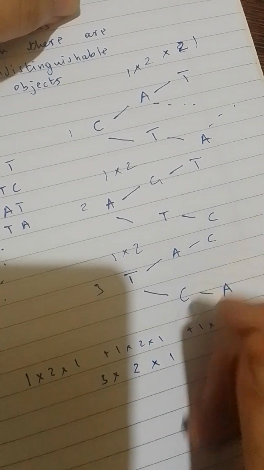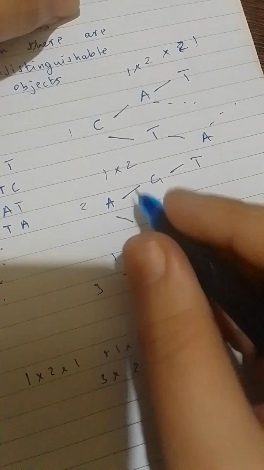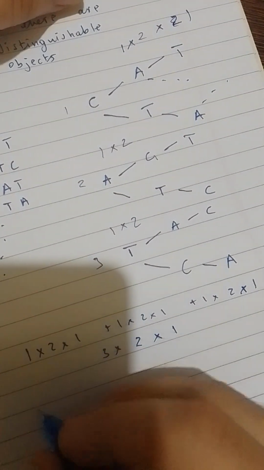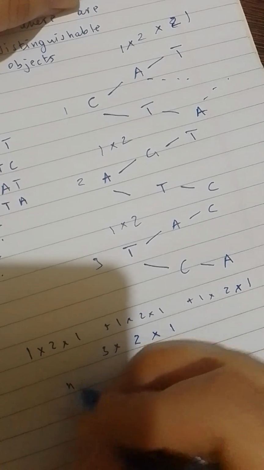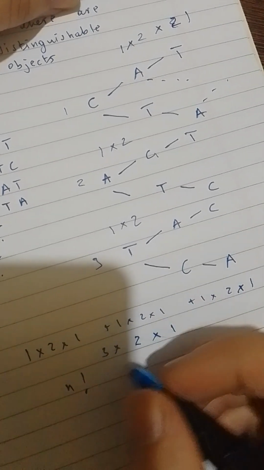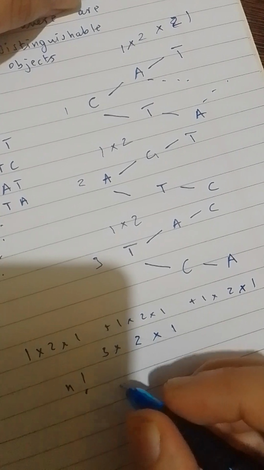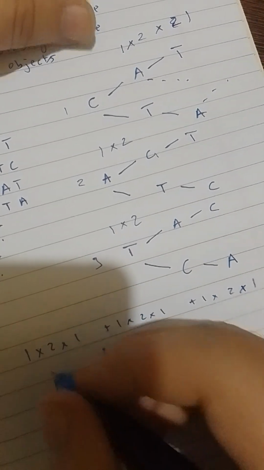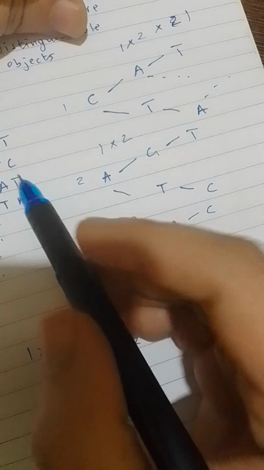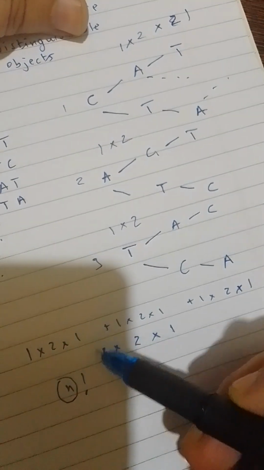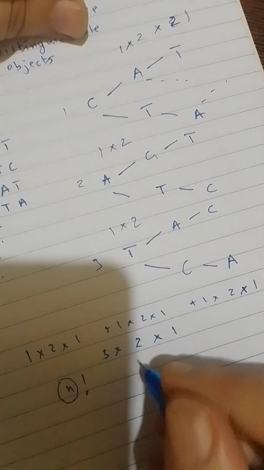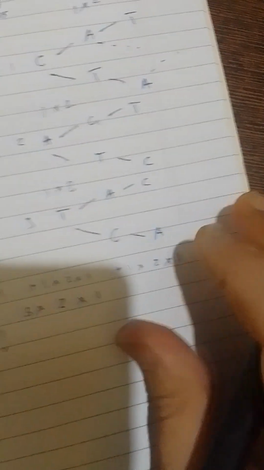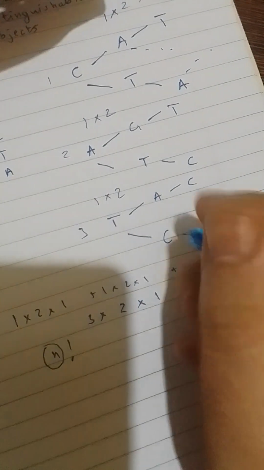So that is what the formula for permutation is. Basically you get a factorial. Whatever n number of things you have, if you want to count all the permutations of arranging those things, you take n factorial.